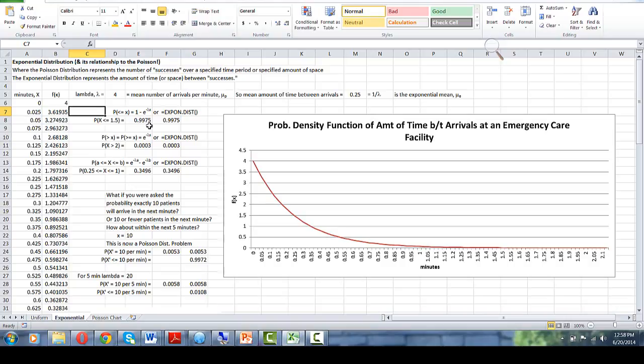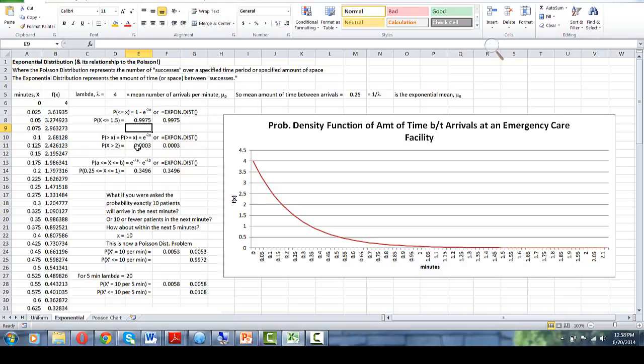Well, that's just the formula 1 minus e to the minus lambda x, so 1 minus e to the minus 4 times 1.5. So the probability is pretty high that 1.5 or fewer minutes will lapse before the next person arrives.